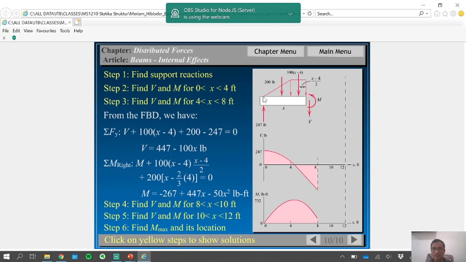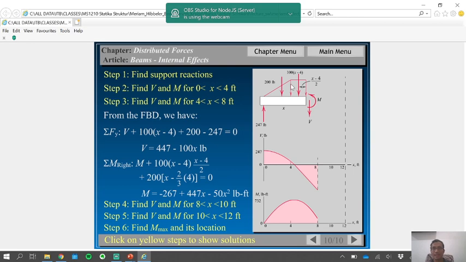Because the distance from this point to this point is 4 feet. That's why if this point to this point is x, this distance is x minus 4. And the middle of the x minus 4 is x minus 4 divided by 2. So the distance from the represented concentrated force to the right edge is x minus 4 divided by 2.